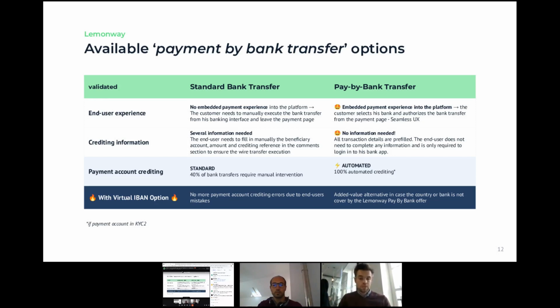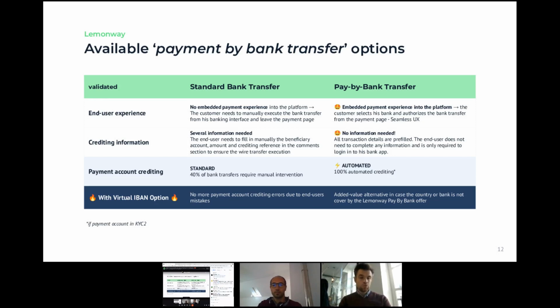Either you go with a standard bank transfer, where you have benefits, but also a couple of clawbacks or challenges, especially in terms of UX and crediting challenges, or you go to the pay by bank, which is offering a much better UX and also a much higher crediting rate, offering much better operational efficiency gains.